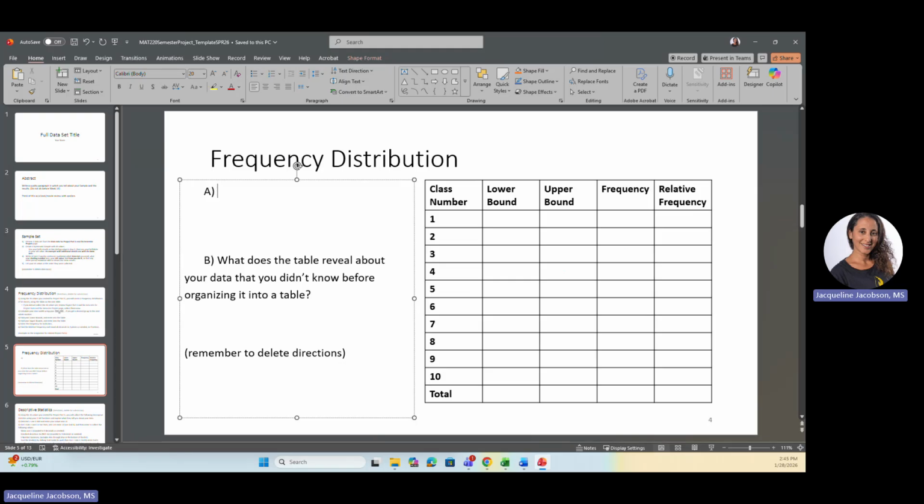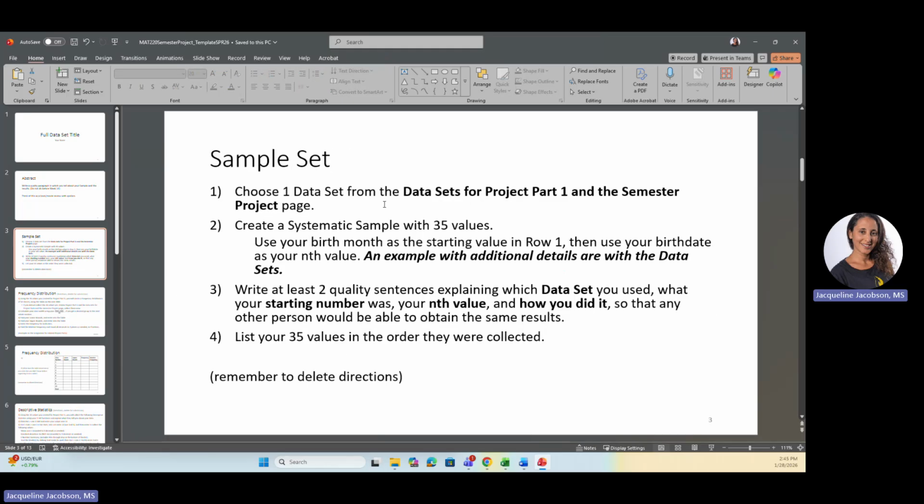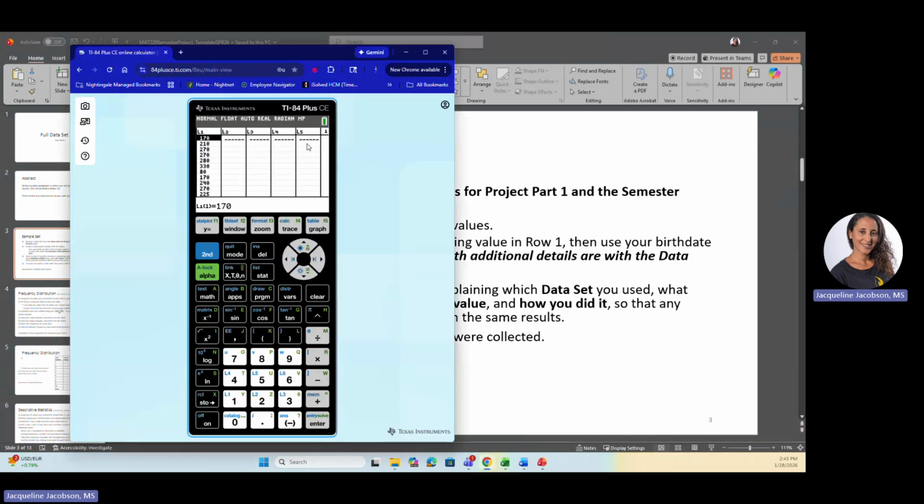So you guys already have your sample, right? It's already hopefully on the sample slide. I don't have any values here, but you guys hopefully have already done this slide. And we're going to use these values, which I had suggested that you put into L5 in ascending order. If you have not done that, then go to stat and sort A. And then tell it where your list is.